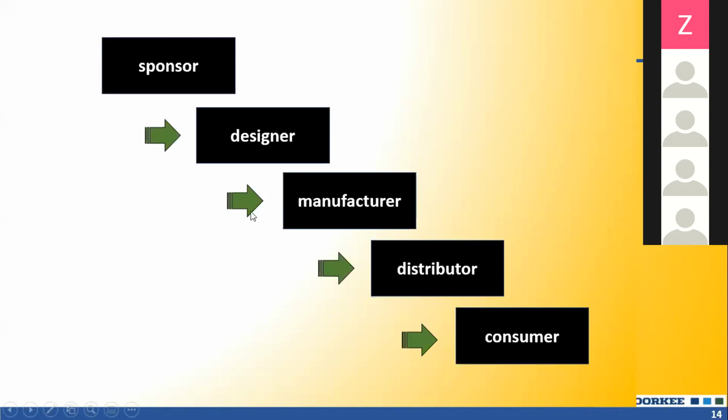But when this chain begins, it begins with the wish of the sponsor, the person who is sponsoring a particular activity or putting a new thing in the market. So it starts with the sponsor's wish, then it moves through certain actions by the designer, then by the manufacturer, by the distributor, and finally the consumer, and then it reaches the whole world.